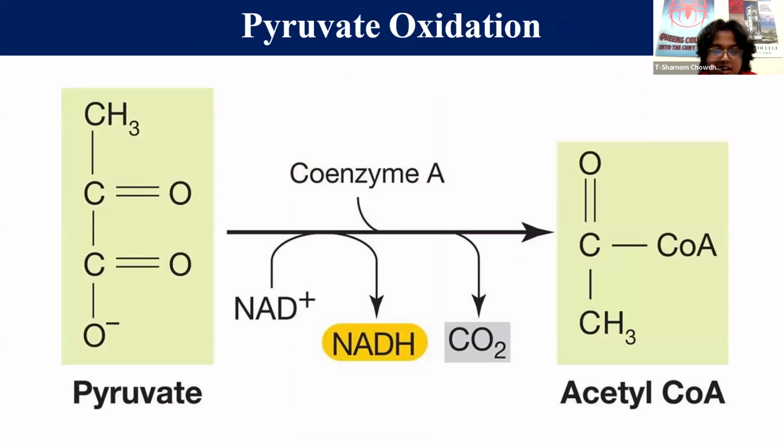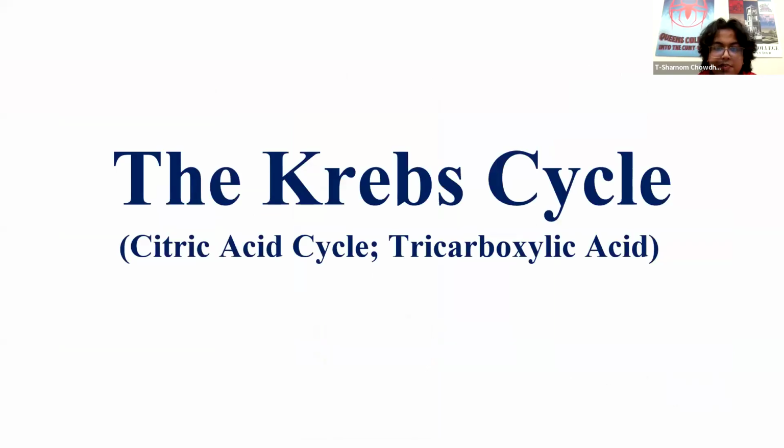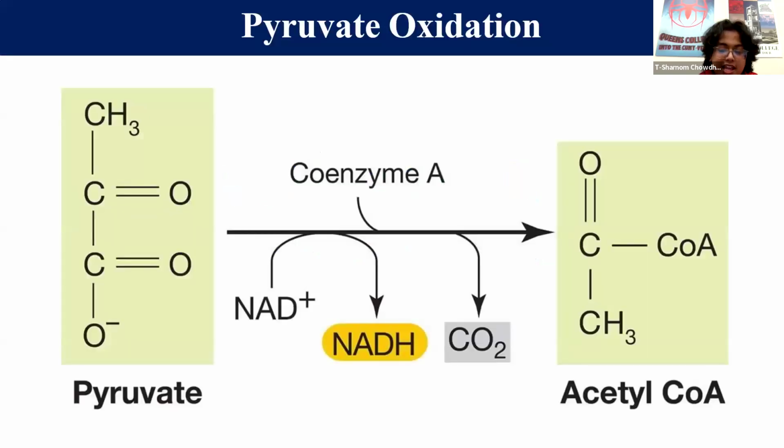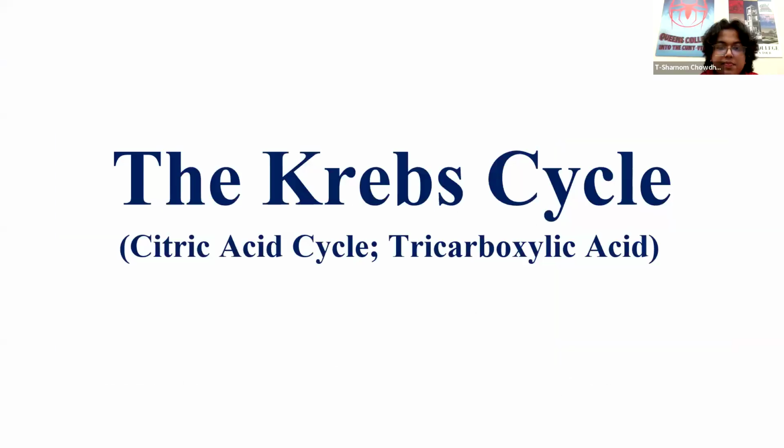And then that acetate eventually is used to produce acetyl-CoA through coenzyme A. So pyruvate turns into acetyl-CoA. That's pretty much the majority of what you have to know for pyruvate oxidation. You don't need to know the exact specifics, just that pyruvate turns into acetyl-CoA through coenzyme A. And NADP plus gets used to produce NADH, and carbon dioxide gets produced as a byproduct during this time.